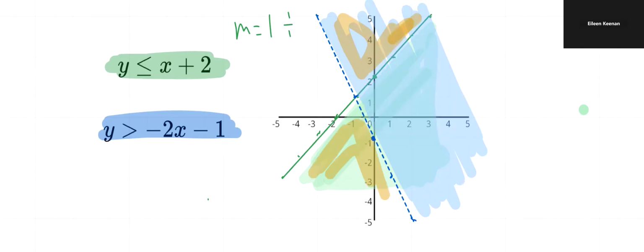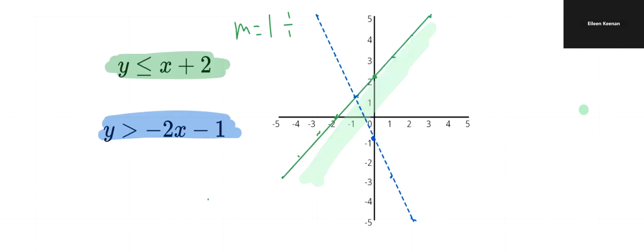So we're going to erase all that shading and only do it where it's overlapping, which was right here. When you're working in pencil, it's easy to erase. When you're working with this, it's not as easy. But right here is where they overlapped. So this is our solution to this inequality system, where it's overlapping.